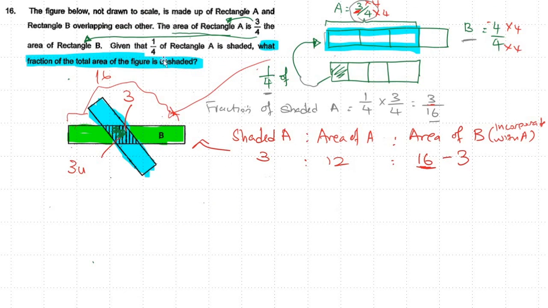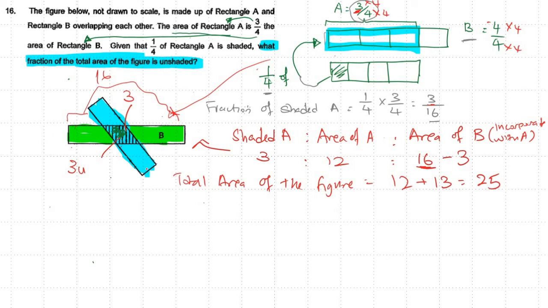So now it's asking what is the unshaded one. So I know that let me first find what is the total area of the figure, which is this A part here, add the B part, which is only the green portion, which I minus away the 3. It is 12, add 16 minus 3 will be 13, is 25.